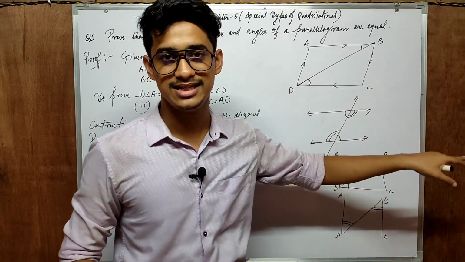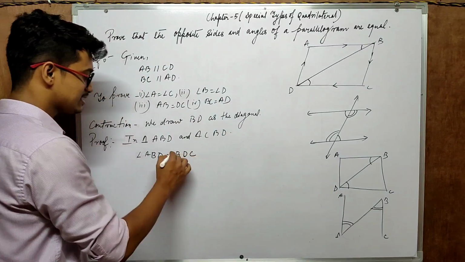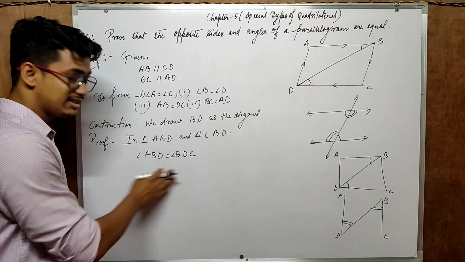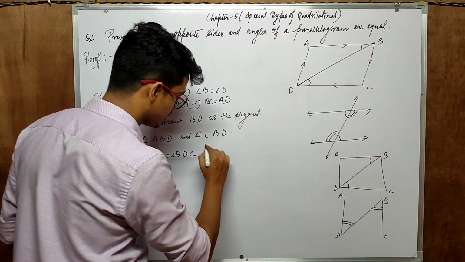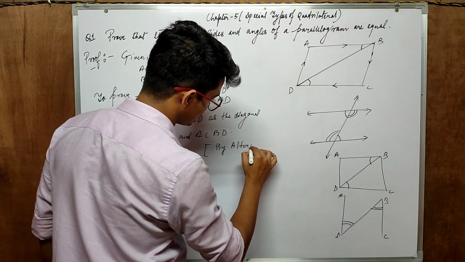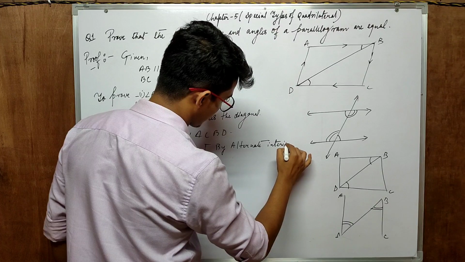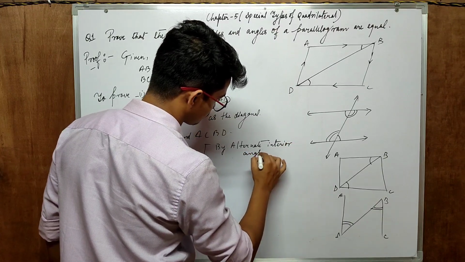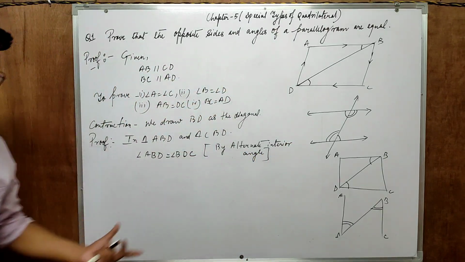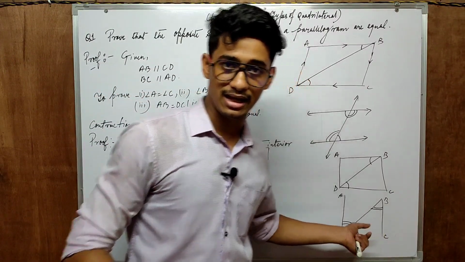BD and DC. So that means B, D, C, and this is the sign of angle. And how is this equal? By alternate interior angle, right? Alternate interior angle. Is it true?